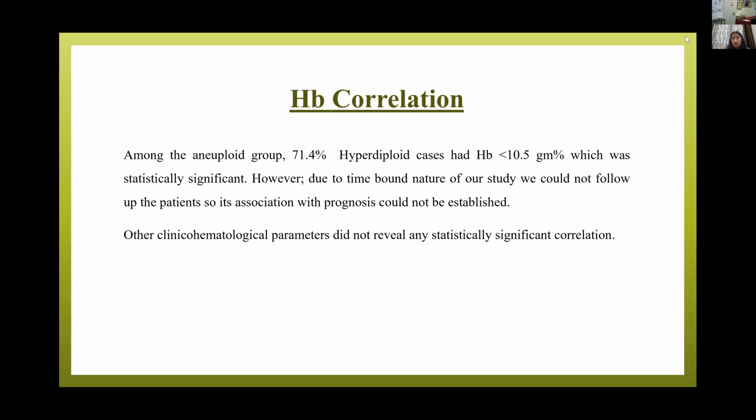Among the aneuploid group, 71.4% hyperdiploid cases had hemoglobin of less than 10.5 gram%, which was statistically significant. However, again, due to time-bound nature of a study, we could not follow up the patients, so its association with prognosis could not be established. And other clinical hematological parameters did not reveal any statistically significant correlation in acute myeloblastic leukemia case.